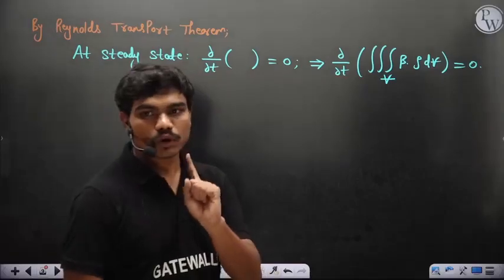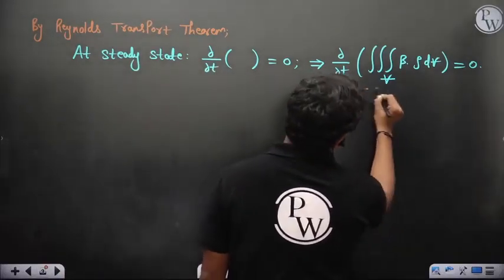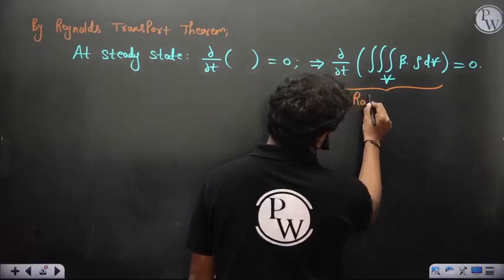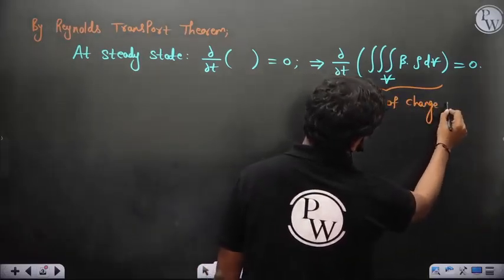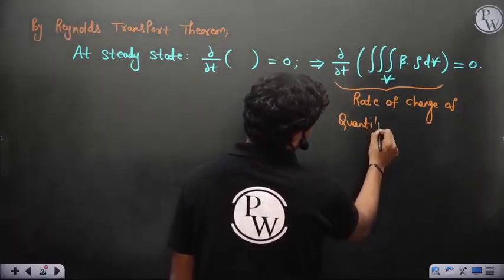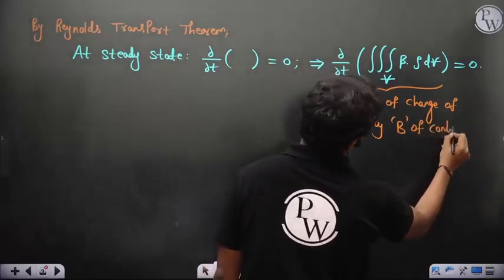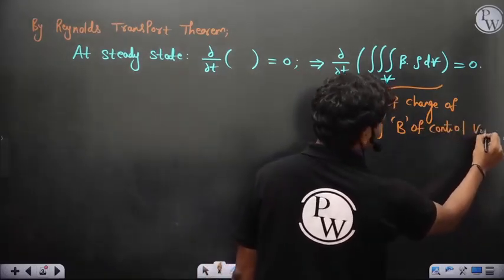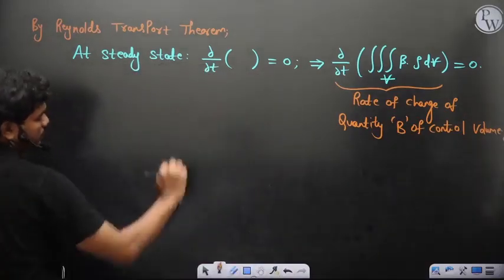I told you this as the rate of change of quantity B of the control volume. I taught this, correct? So rate of change of property B of the control volume. Now see how that expression comes up.